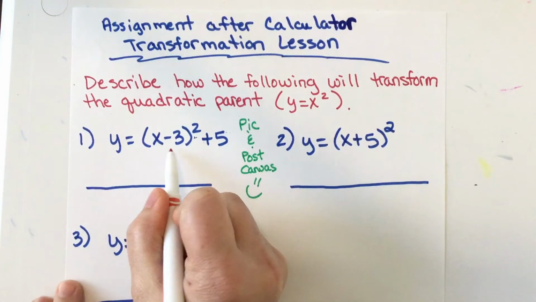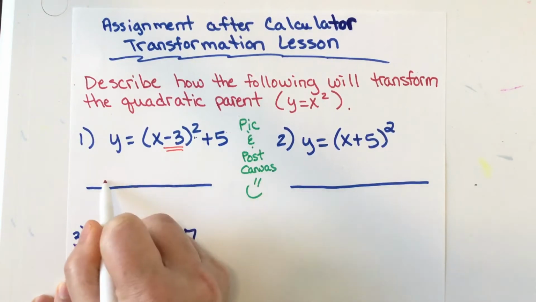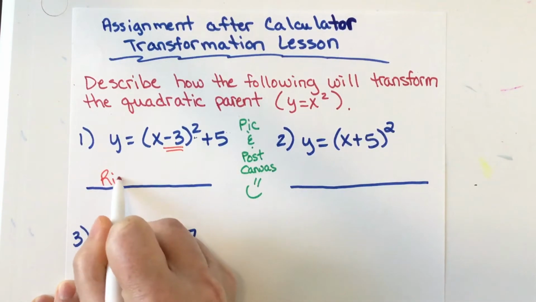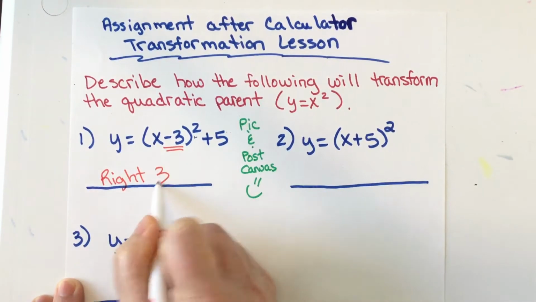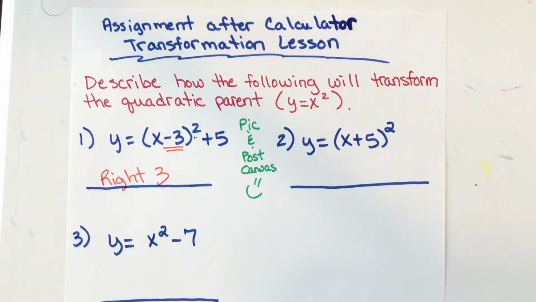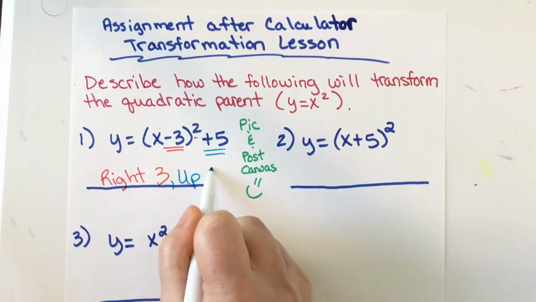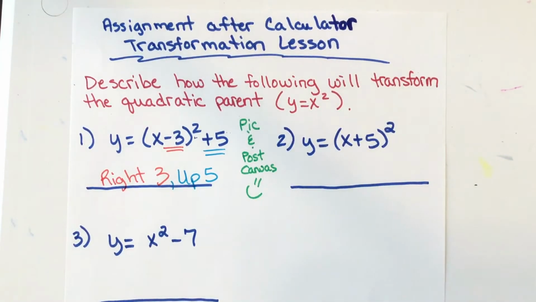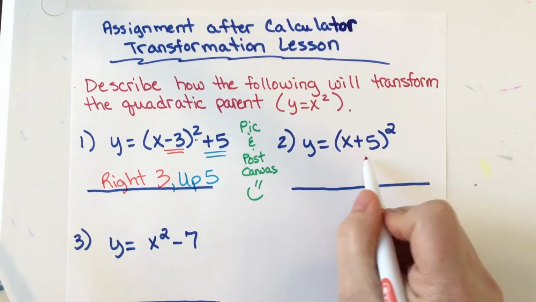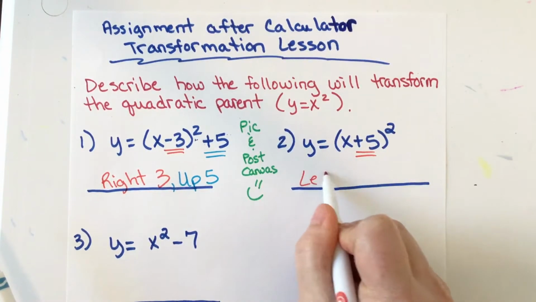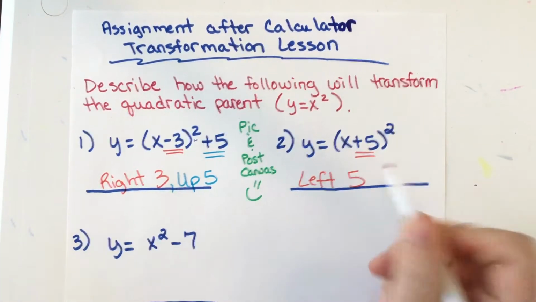Okay, so this -3 inside makes the graph go right 3. And this +5 in the back makes the graph go up 5. And number 2, the +5 inside makes the graph go left 5.